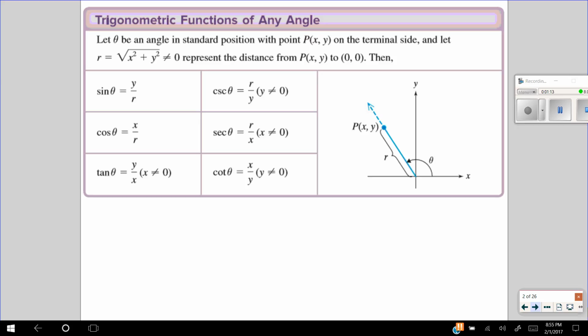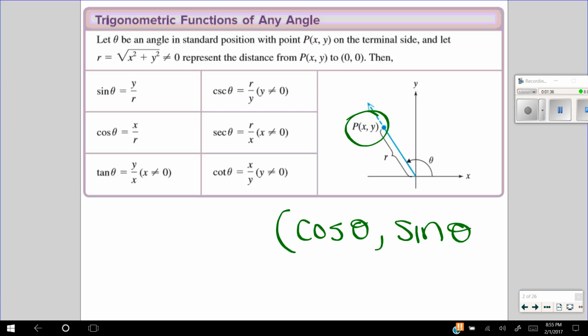And the first thing we're going to talk about is finding the sine, cosine, and tangent of any angle. Again, this is really just to remind you guys that any angle on the unit circle has a set of coordinate points. And the coordinates of any point on the unit circle are cosine of theta as the x value, sine of theta is the y value, and then the tangent of theta is opposite over adjacent.